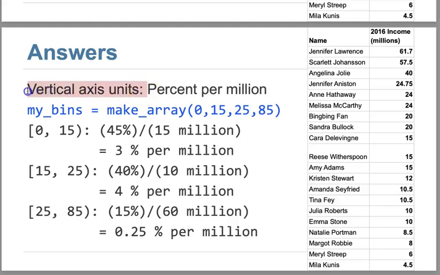So if you didn't group, we know it's a percent per million. If you want a more detailed answer, they got it for each group. The area for that bin divided by the width gives us the height for each bin.